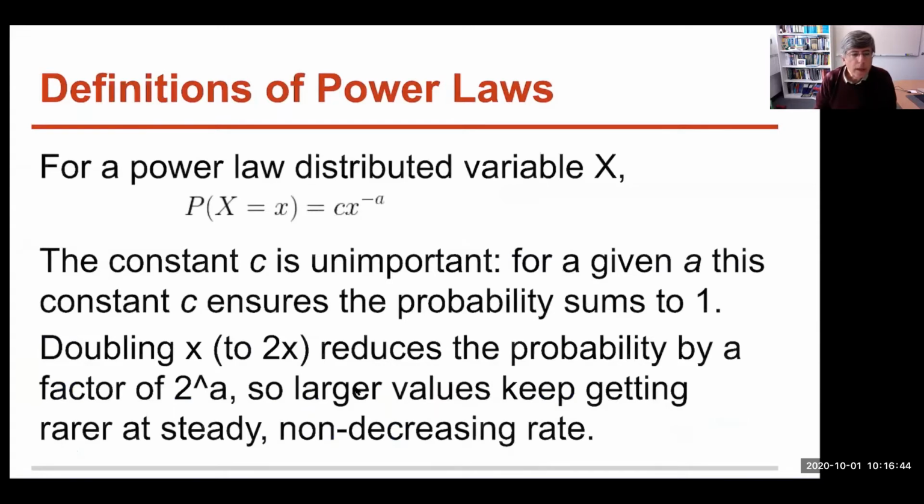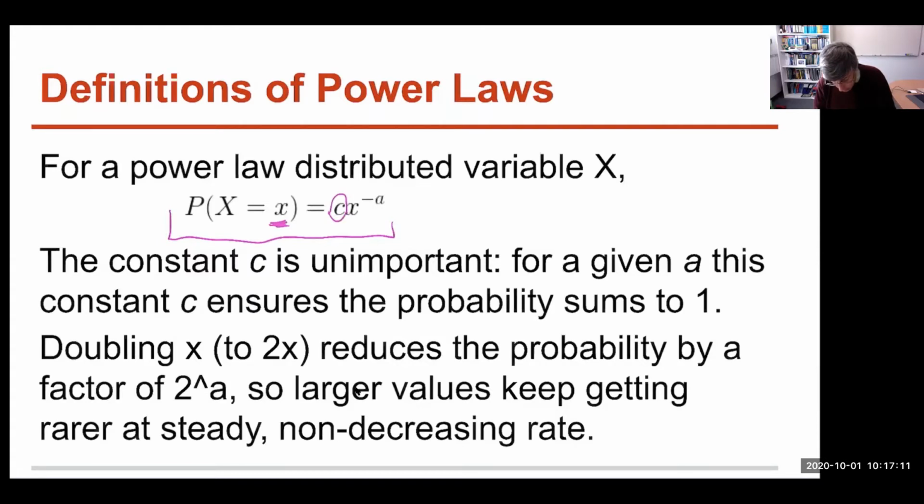So, as I said, what is the distribution defined by? It's defined by an equation like this: if you have a random variable x, the probability that the wealth or the population or something like that was exactly x is going to be some constant c times x to the minus a. This constant c is not that important.